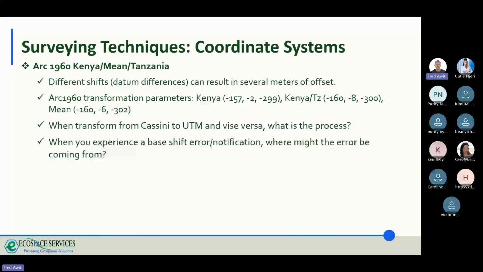At the same time, you are seeing the UTM projected coordinate system, and you want to do transformation to Cassini, not knowing that the equipment has already done transformation from WGS84 to UTM, and now you want to do it from UTM to Cassini. There are 2 transformations involved in that. So people tend to assume that the GNSS receiver is already doing transformation on the fly. So that's what I'm saying. Know the process correctly.